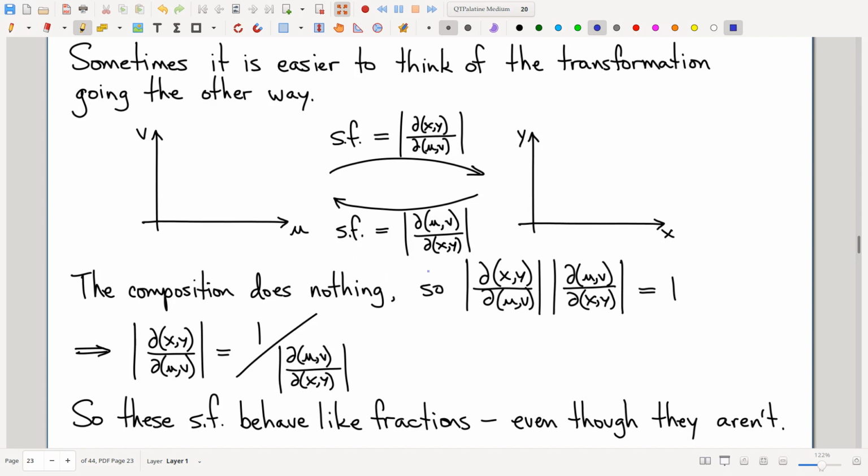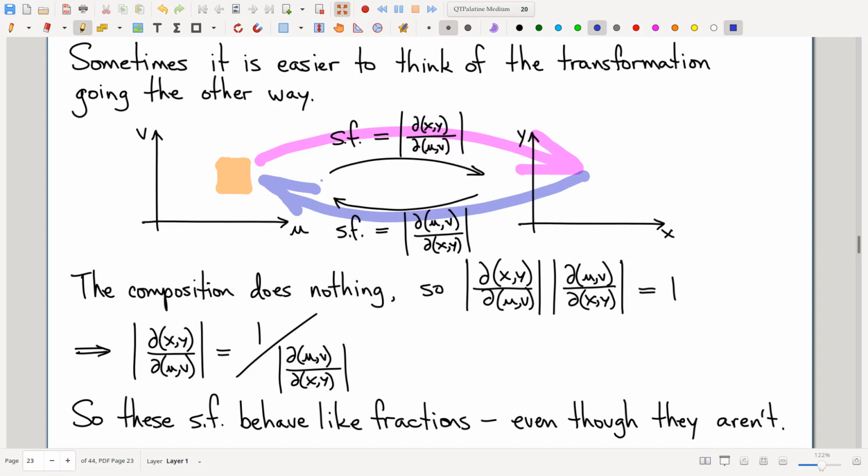And in this case, the way we see that is to observe that, look, whatever little piece of area I might have over here, I know what happens to that when I look at its image over on the right, and I also know what happens to that when I apply the inverse function going the other way.